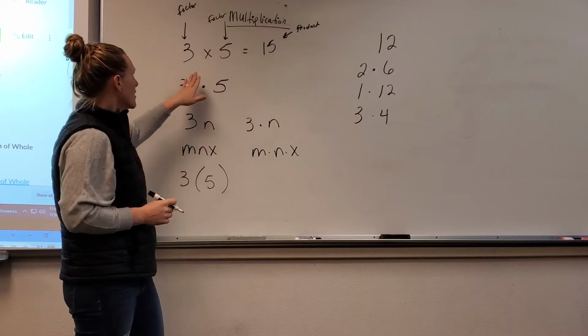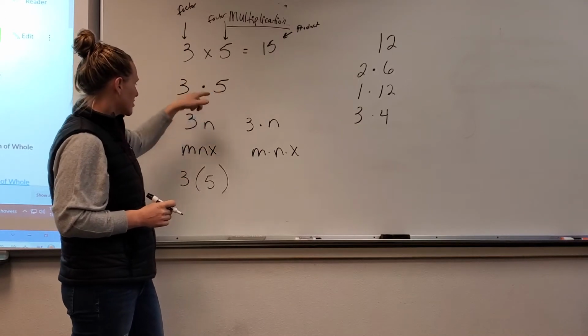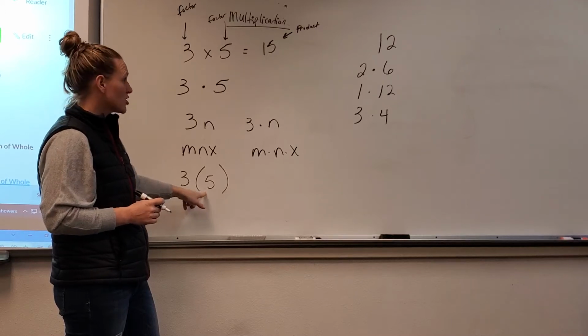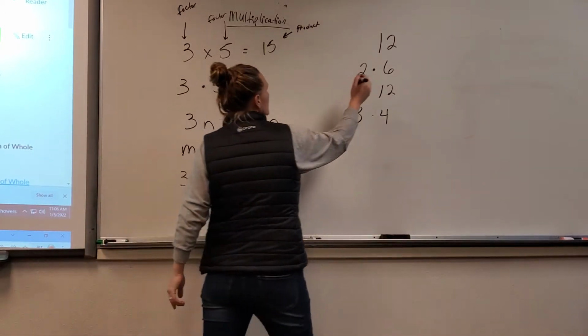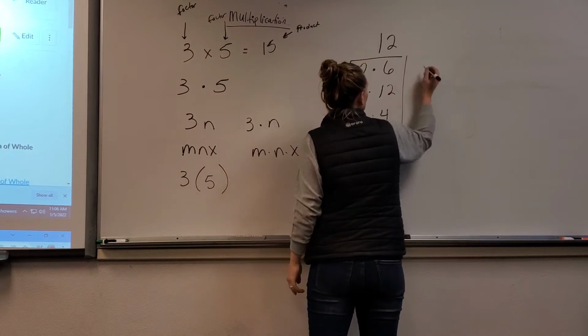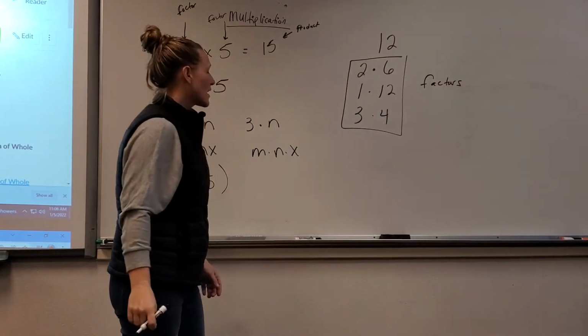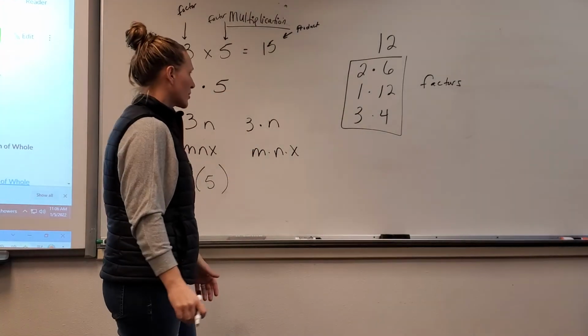Okay, we okay with that? Multiplication sign, that dot. When we have a number written next to parentheses, it means multiplication. And then factors are numbers that multiply to make up a particular number.